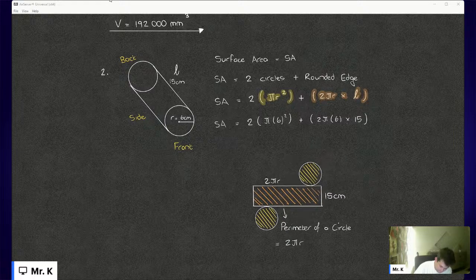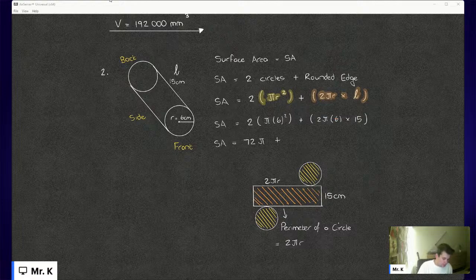If I were you guys, I would recommend simplifying so that you have an answer finalized in pi and then write it in its decimal form. So in other words, 2 pi times 6 squared. 6 squared is 36. 36 times 2 is 72 pi. Plus, over here, 2 pi times 6 times 15. 2 times 6 is 12. And 12 times 15 gives us 180 pi.